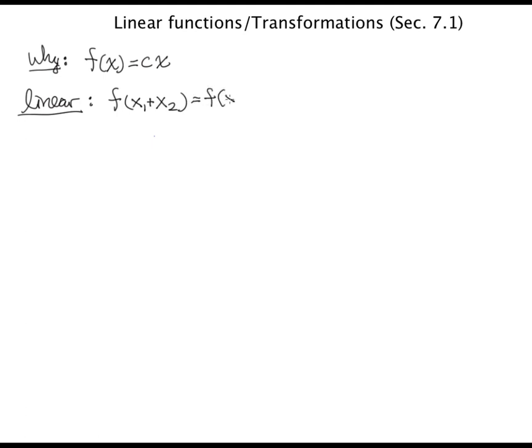Let's check the conditions here. I'll just do the last one, which is the general one. If f of x is equal to c times x, the fact that this is linear, what do you have to check? Well, you have to check that f of x1 plus x2 is equal to f of x1 plus f of x2.